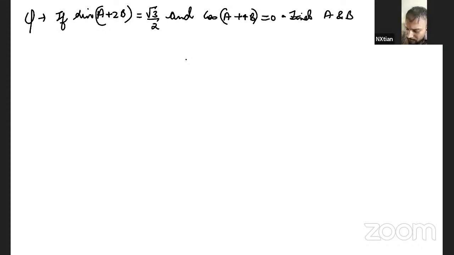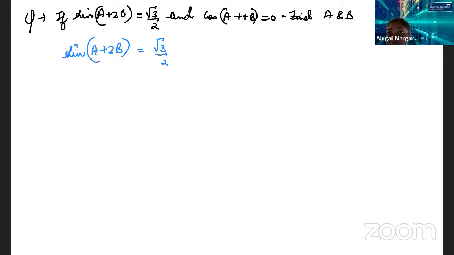Okay. Now, in this, Anna, A for Anna, you have a doubt, please ask me, okay? See, this is sine of A plus 2B is equal to root 3 by 2. Now tell me, when the sine value is root 3 by 2, we will check the table. So sine root 3 by 2 is equal to which degree? 60 degree.